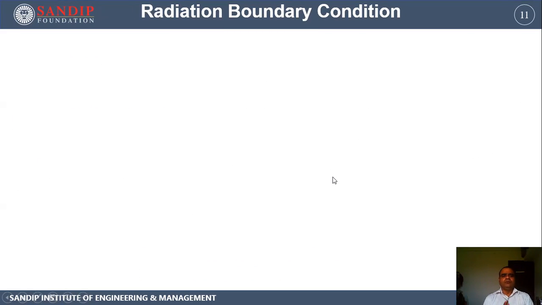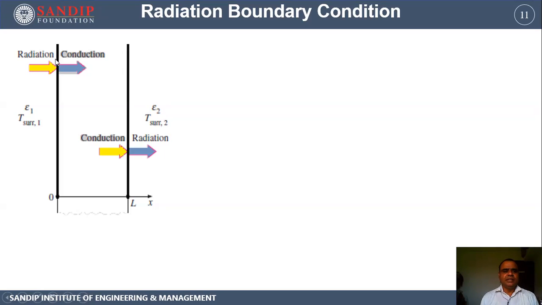Similar to the convective boundary conditions, sometimes it is possible to write down the equation in terms of radiation. The equations are very similar to the convective boundary condition, and you can see that the radiation is happening at the surface and the conduction is taking place subsequently. So let us find out.